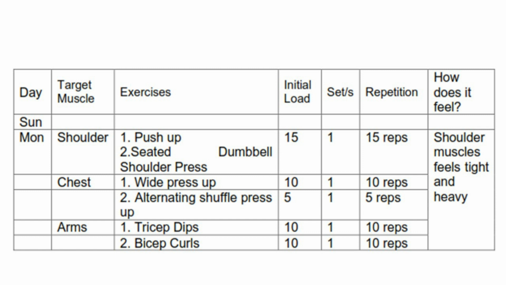So, in your Monday activity, your target muscles are the shoulder, chest, and arms. Exercises are as follows: push-ups, seated dumbbell shoulder press. And for chest, wide press up and alternating shuffle press up. Also for the arms, we have the tricep dips and biceps curls.